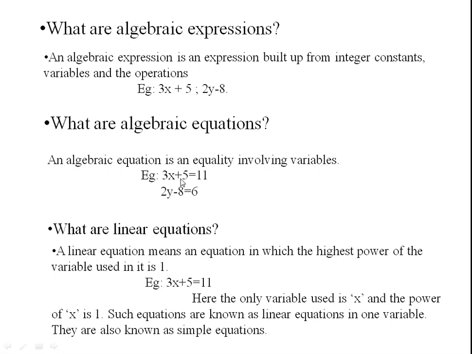Let us see here. 3x plus 5 equal to 1. Which is the variable used here? The variable used here is x, isn't it? Can you see any power here? No number is written here. So it means 1. That is, the variable used here is x and the power of x is 1. That means the degree of this equation is 1.